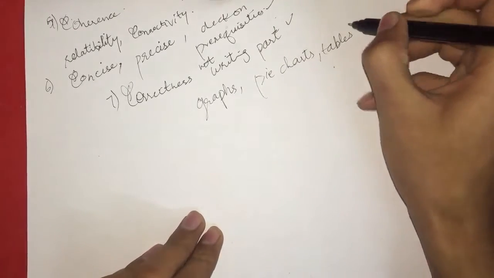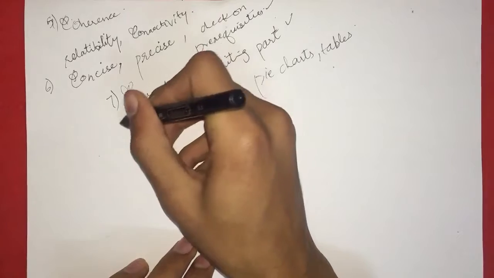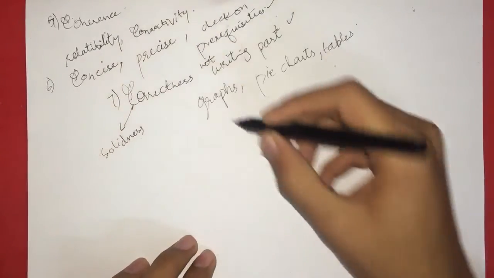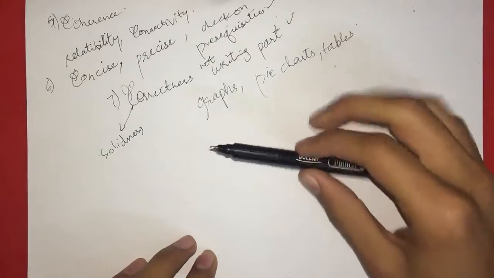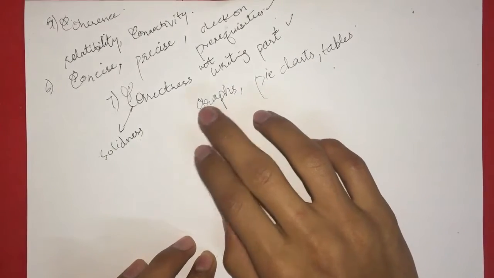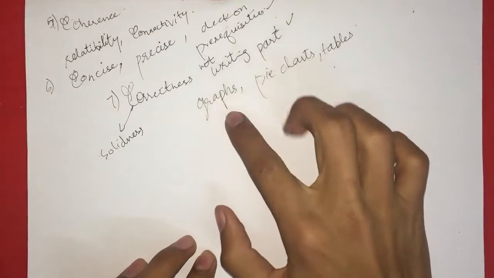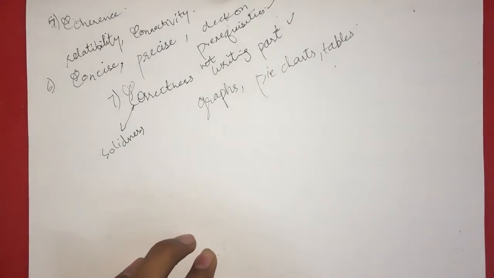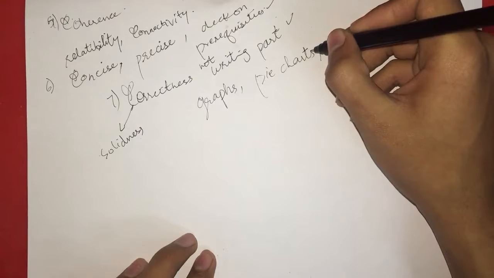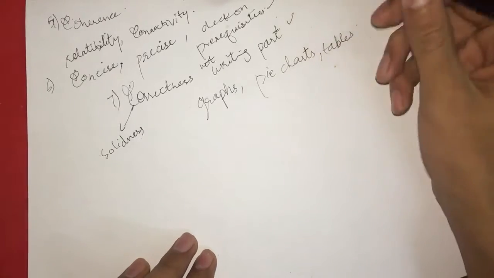So this word expresses the solidness of the information. So there's a difference. If you write everything down, and on the other hand, you present the very same thing in the form of graphs or pie charts, which illustration would be more impressive, and which would you learn more from?